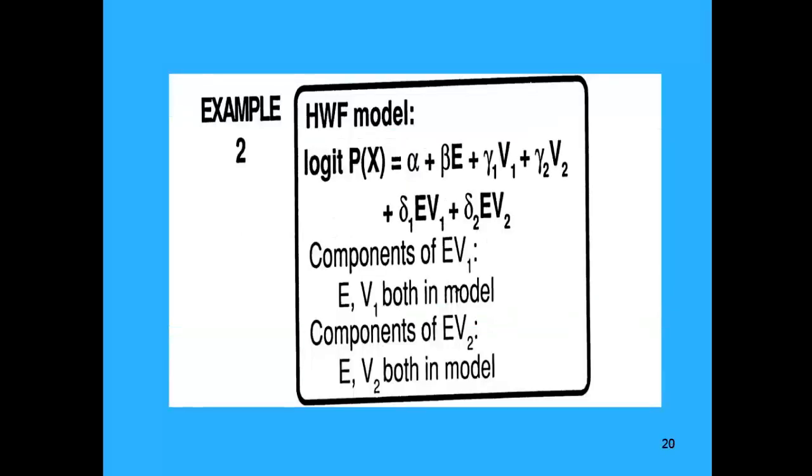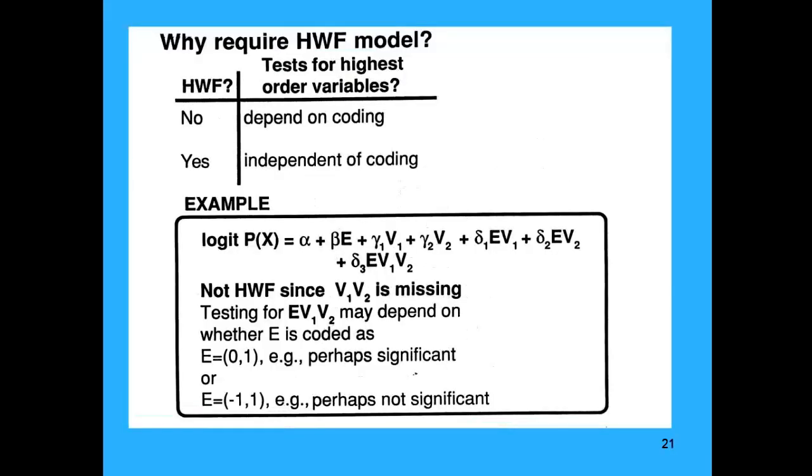Now the question is, okay, so that's what this slide says. Now, why? Why does the model have to be hierarchically well formulated? Now, here's an answer, but I'm going to describe the answer with an example. The answer says, if the model is hierarchically well formulated, if it's a legitimate model, so that all the lower order components are in the model, then it turns out that any tests you want to do about any variable, and particularly for the highest order term in the model, go back to this model.